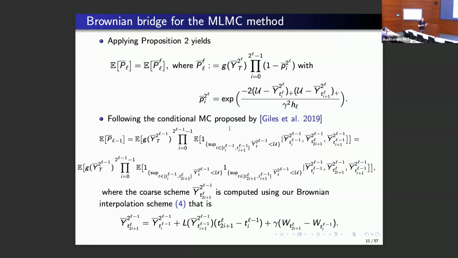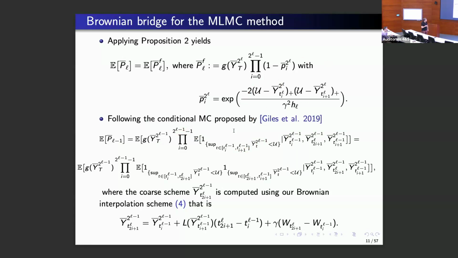I will give you some intuition that comes from the proof we wrote here on why this is helpful, because there are some observations to be made. If you do that, then you can split your indicator in two pieces, since your coarse interval in the coarse approximation is split in two, and then you run your Brownian bridge trick twice in order to get an expression similar to this.